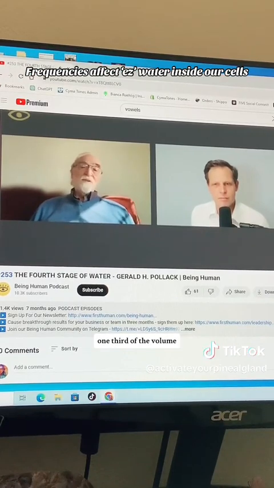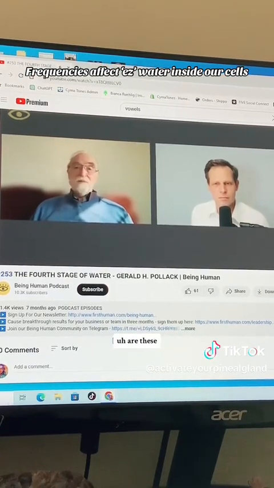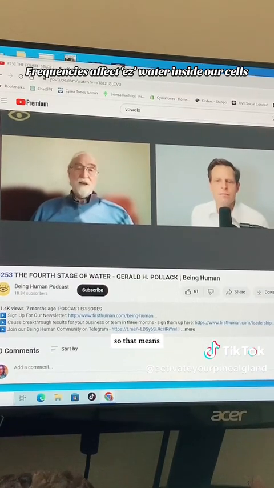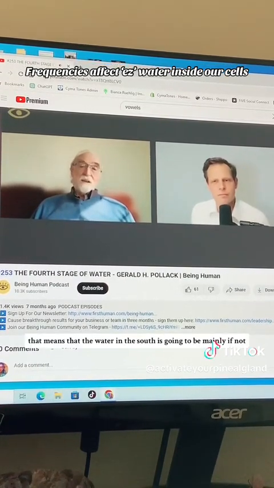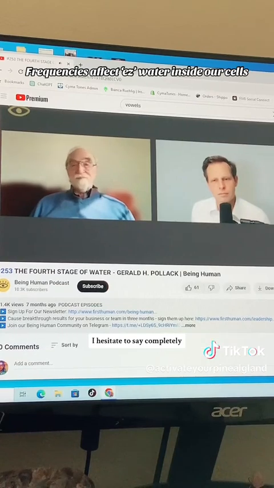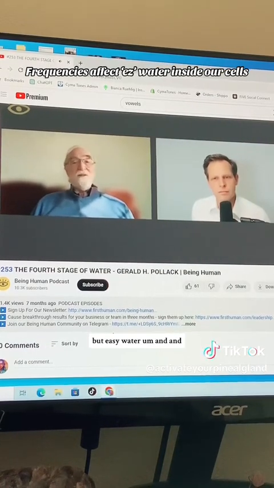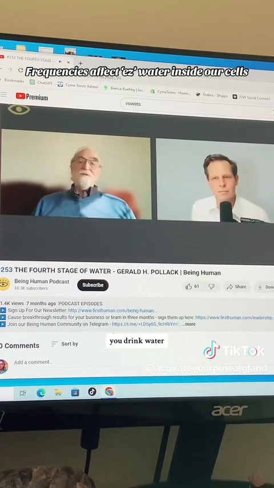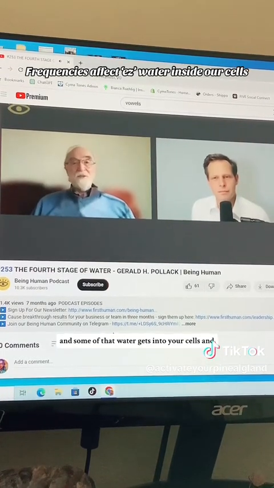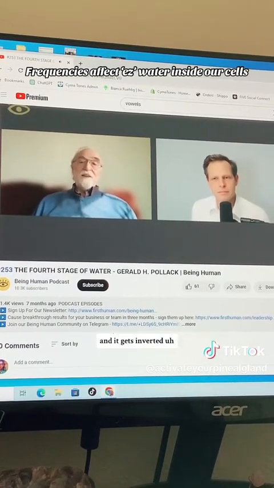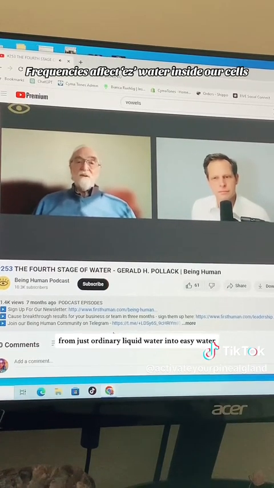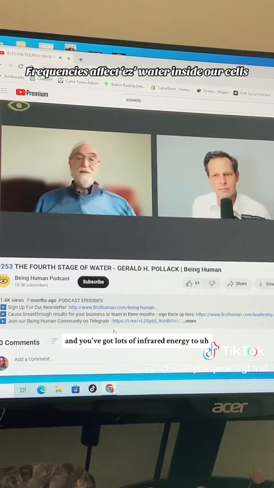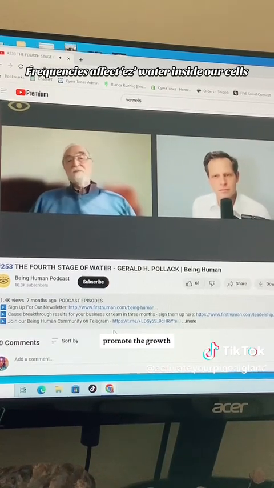And a third of the volume inside the cell are these entities. And their surfaces are largely hydrophilic. So that means that the water in the cell is going to be mainly, if not, I hesitate to say completely, but EZ water. And that's how, so you drink water, and some of that water gets into your cells, and it gets converted from just ordinary liquid water into EZ water because you've got the right nucleating surface to create it, and you've got lots of infrared energy to promote the growth.